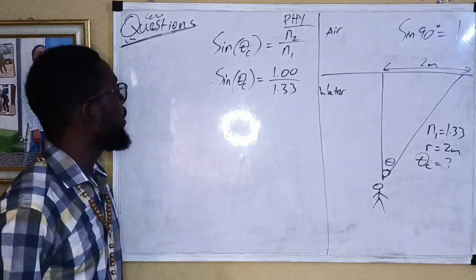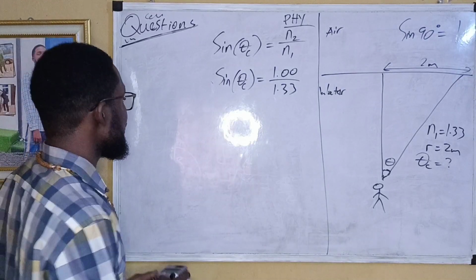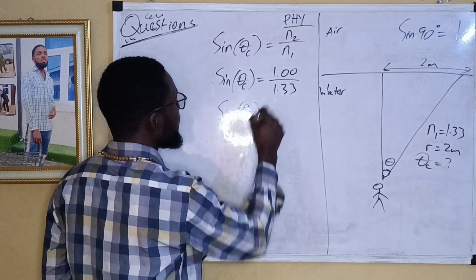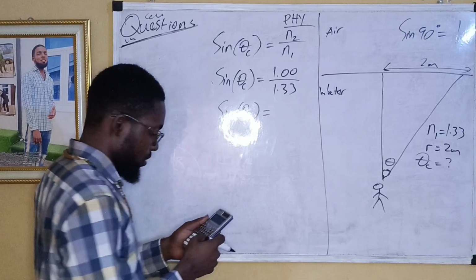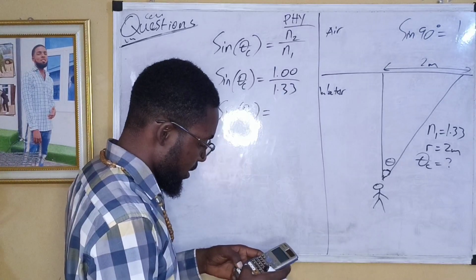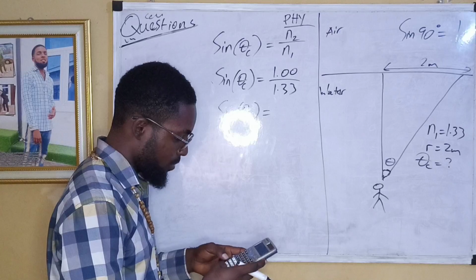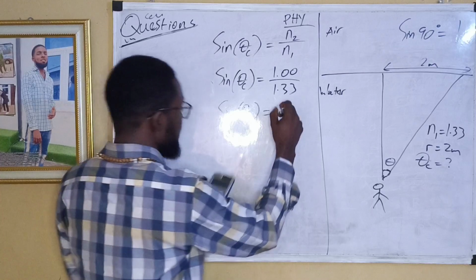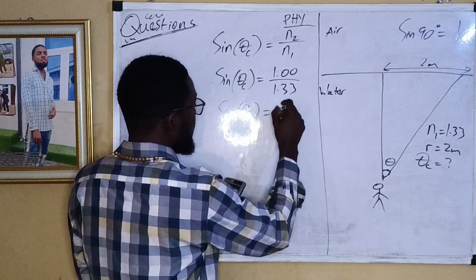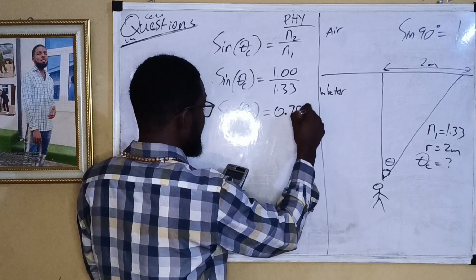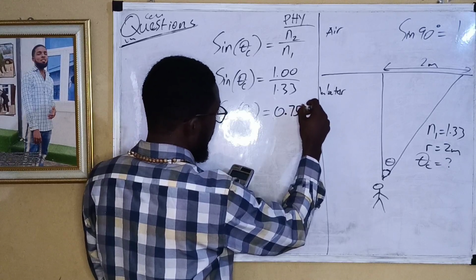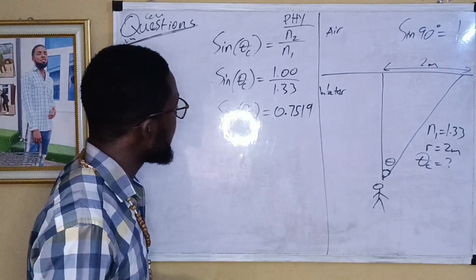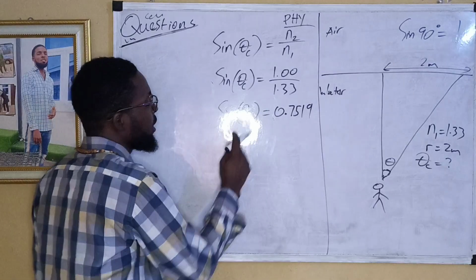We are looking for the critical angle. Dividing by 1.33, I have approximately 0.7519.